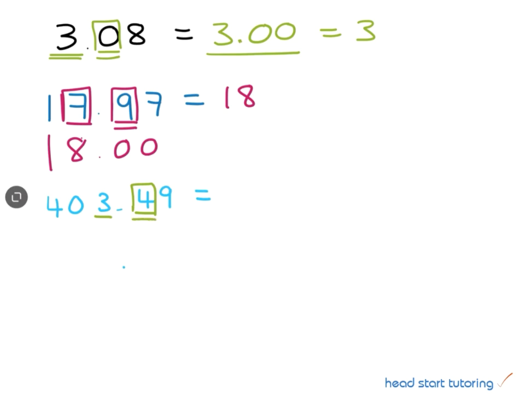So if the number to the right of the place value that we are rounding to is 0, 1, 2, 3, or 4, like it was in the case with 3.08, then this value is not going to round up. It is just going to stay the same. So 403.49 is equal to 403.00 or 403 when we are rounding it off to the nearest unit, because 403.49 is closer to 403 than it is to 404.